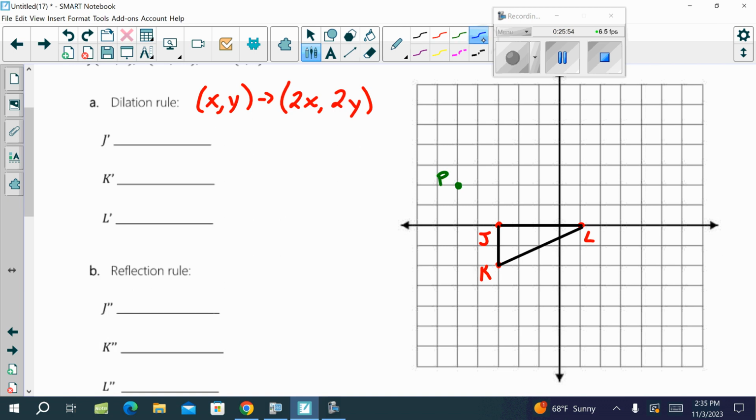Okay, let's try this again. We gotta count slope and then double it. So if J, we go down 2, right 2. So down 2, right 2, double it, what do we get? Negative 4 over 4, correct? Okay, so we're going to go down 4 from P and right 4 from P. So there is J prime.